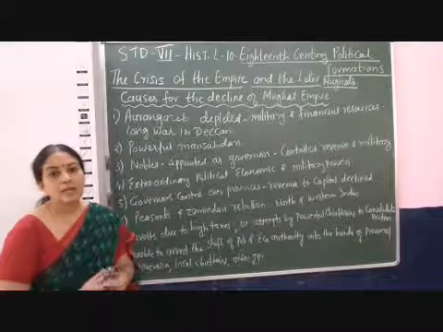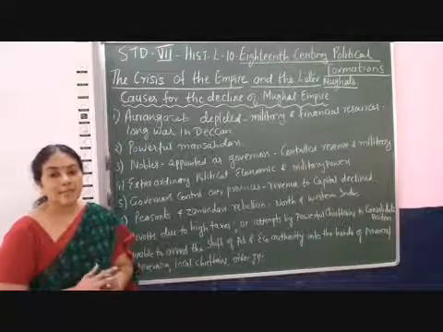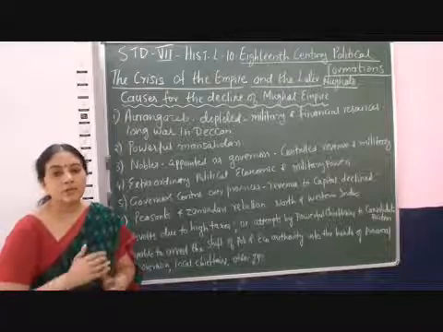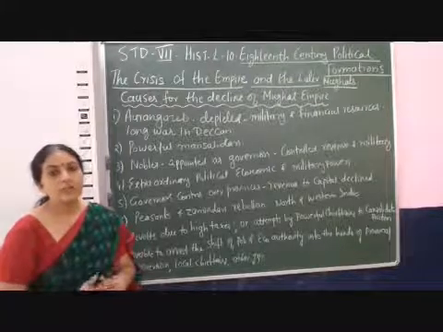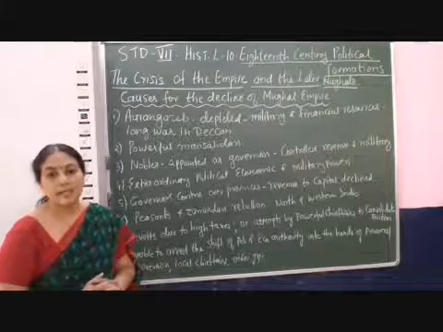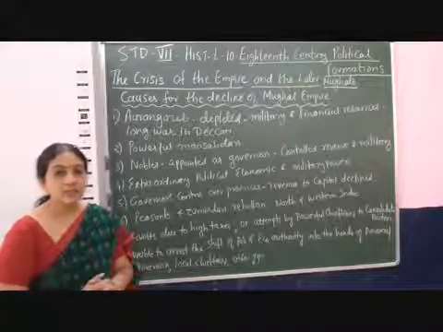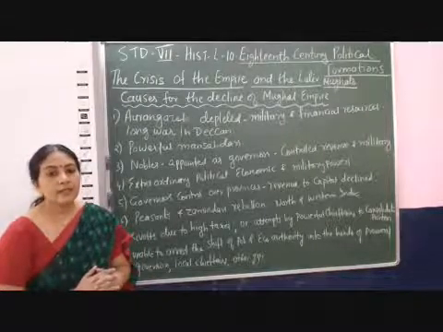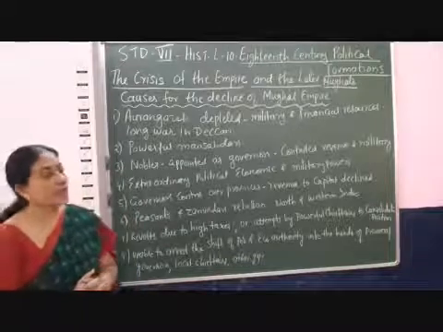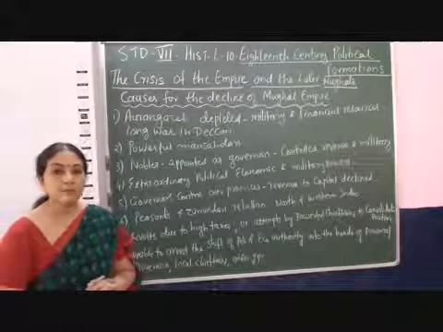So till now we have studied about the Delhi Sultanate, then the Mughal Empire. So the end of the Mughal Empire was in the 18th century. That's why the topic is the crisis of the empire and the later Mughals.